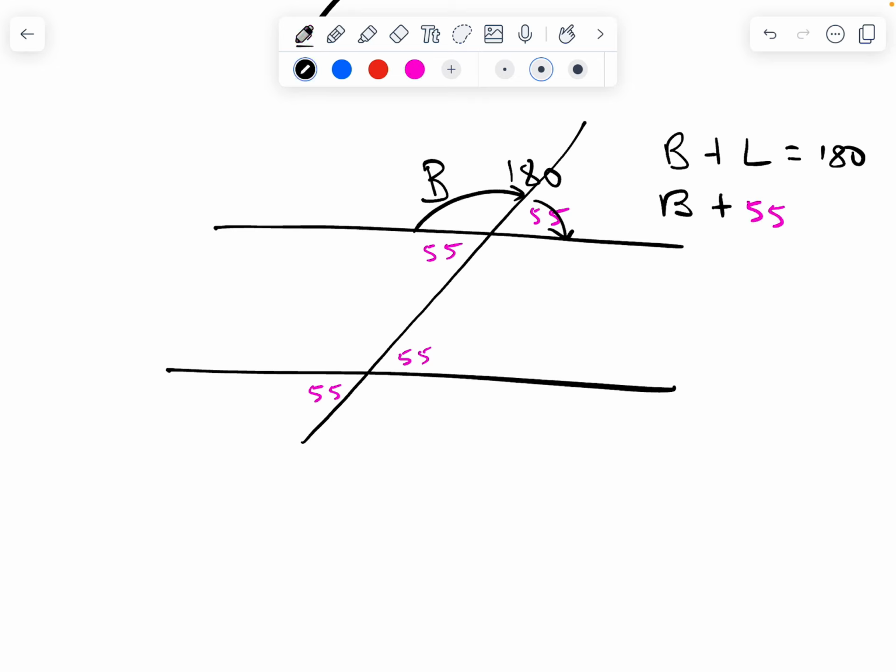And then to solve from here, we're just going to subtract 55. And we find that our big angle is 125. And so now big is 125. This is 125, 125, 125, and 125. So those are all the bigs.